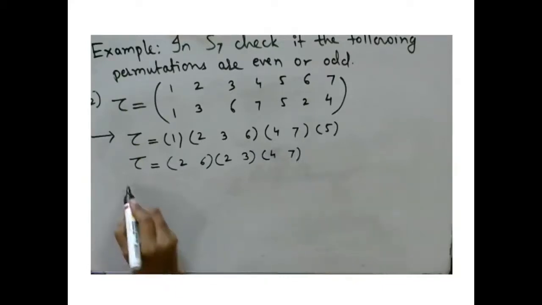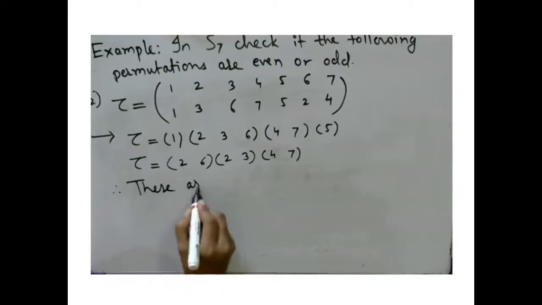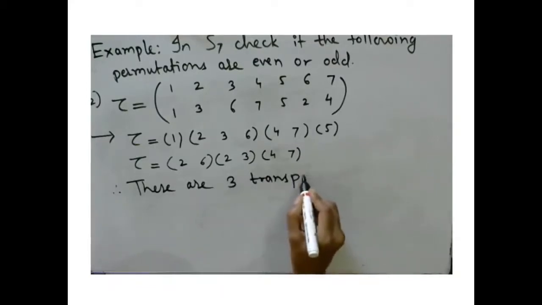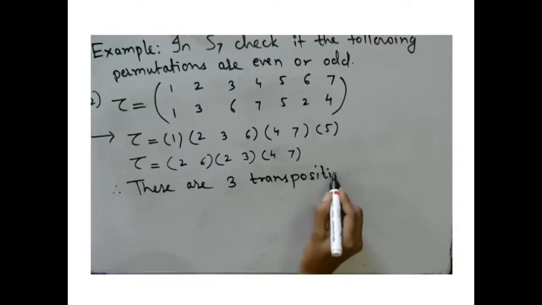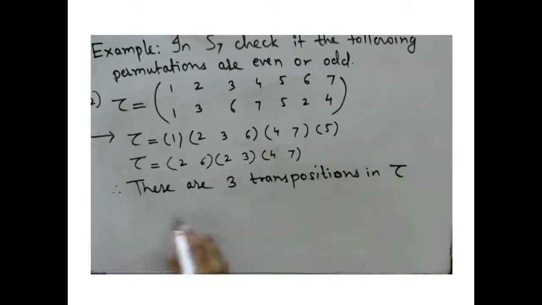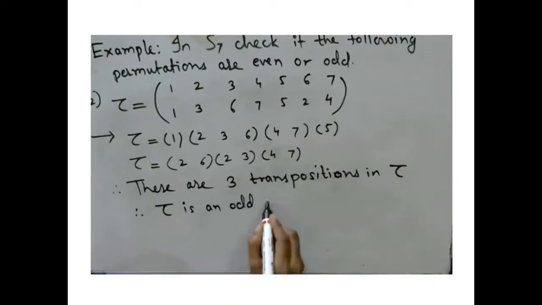So therefore there are 3 transpositions in tau. Hence, tau is an odd permutation.